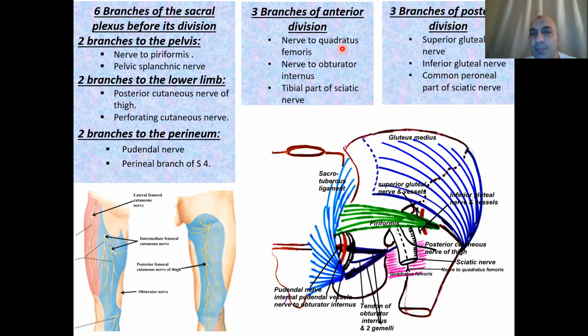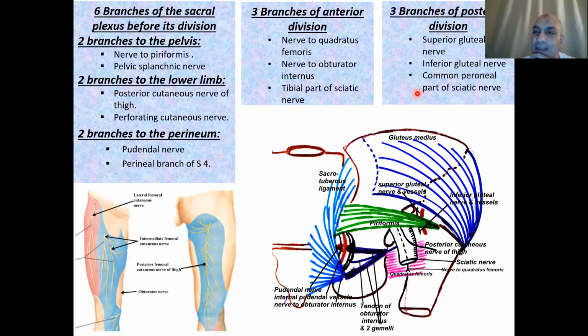And the 3 branches from the anterior division: nerve to quadratus femoris, nerve to obturator internus, and the nerve that arises from both anterior and posterior divisions. It is called the sciatic. It has 2 components, tibial and common peroneal. The tibial component is from the anterior division and the common peroneal component from the posterior division.